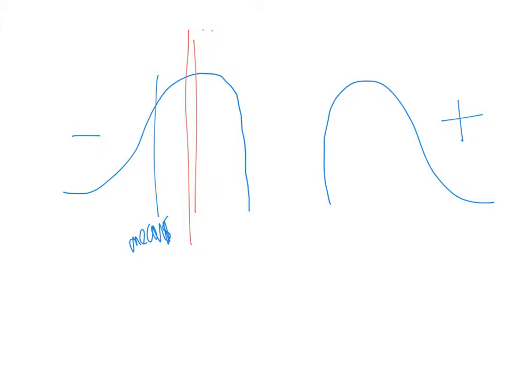So instead of being together with the median and the mode, the mean will always be pulled towards where the skew is located. And remember, the skew is not where the scores are all crunched together. It's towards where the tail of the distribution is.